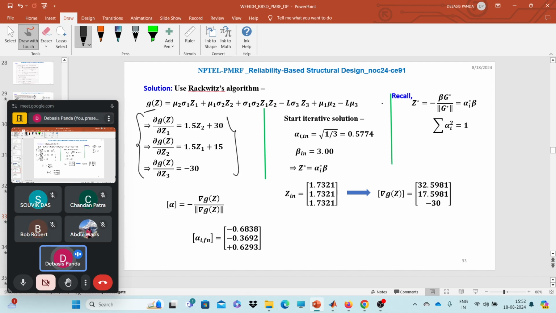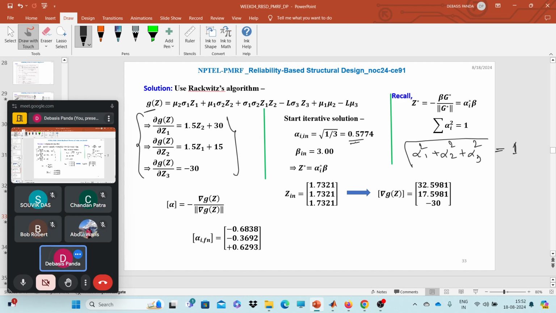Now we need to consider an initial value of alpha. Here we have three random variables, so alpha 1 squared plus alpha 2 squared plus alpha 3 squared, under root, equals 1 if we put equal weightage. So let's provide equal weightage of alpha.